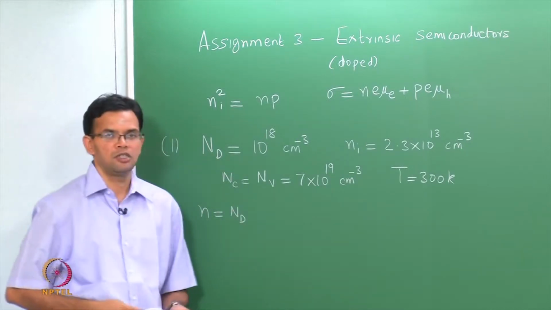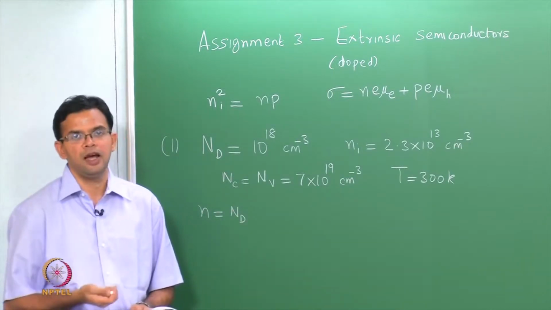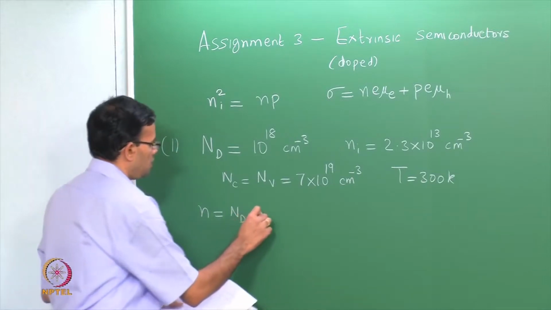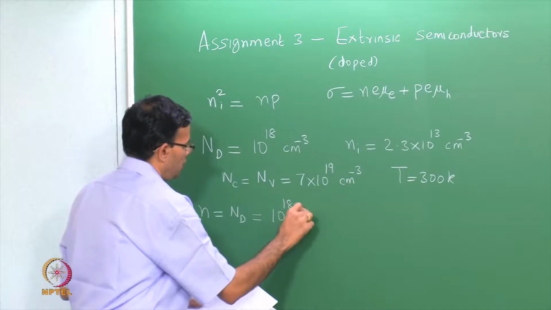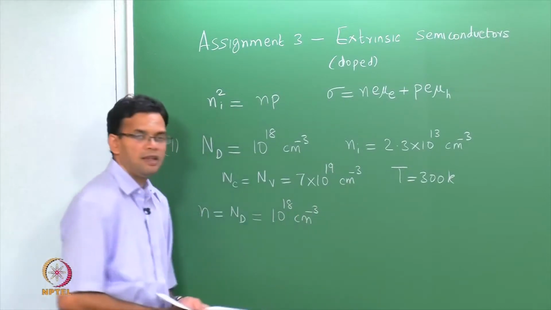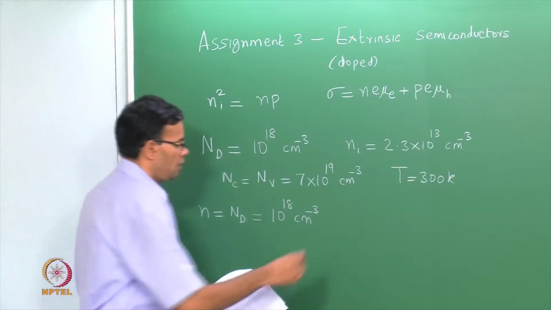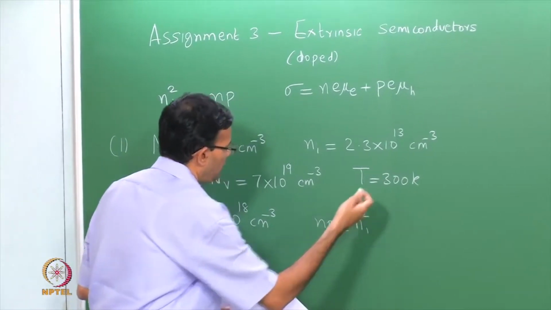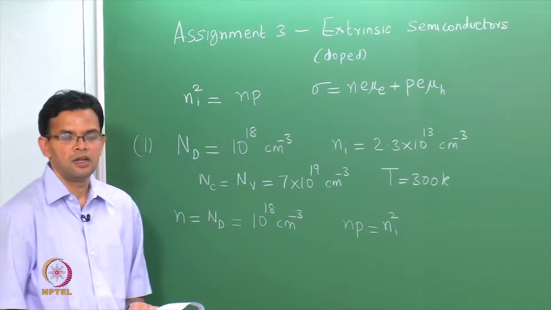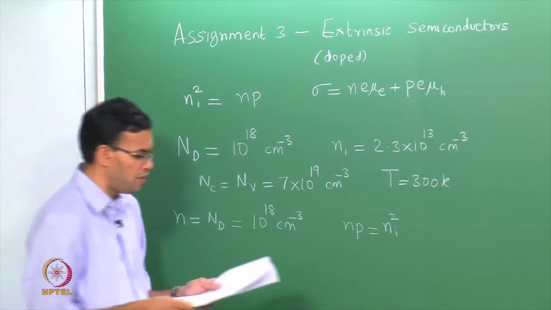At room temperature, the impurities are usually fully ionized. So, n is equal to Nd equal to 10^18. To calculate the hole concentration, we can use the law of mass action. So, np is equal to ni squared. The value of ni is also given.